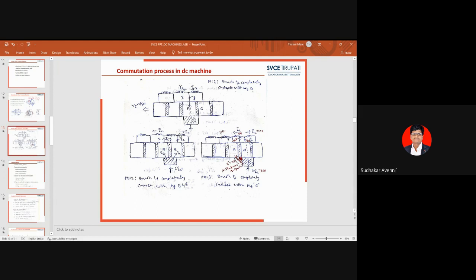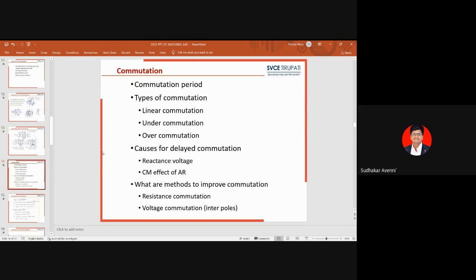And also the cross magnetization effect. Due to the cross magnetization effect, some amount of flux is present at the brushes. Because of this flux, some voltage builds up in the brushes. This voltage opposes the current reversal in the armature coil. So because of these two things, there will be delayed commutation. Causes for delay: first, reactance voltage.